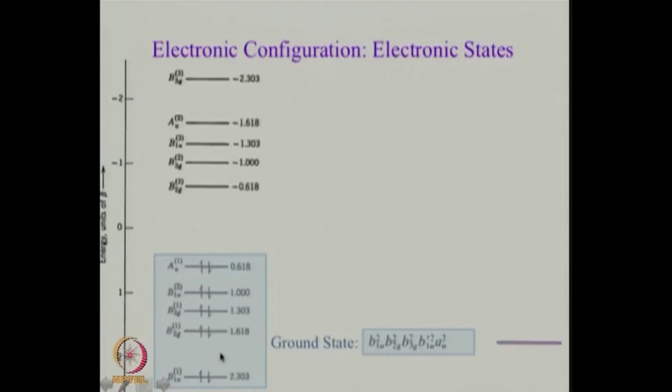First of all, singlet, triplet, doublet, what is it? Singlet. And what is the name of the state? It is a totally symmetric state, right. You basically take a product of everything, it will come out to be totally symmetric. So, the ground state in this case is predictably singlet A1G. I have not written the singlet here, but it is singlet A1G.